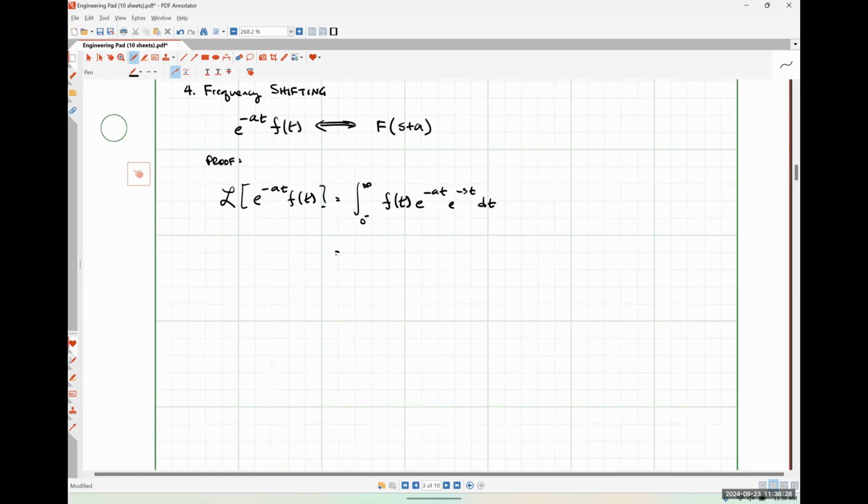I can just lump those two exponentials together. So that would give me the integral from 0 minus to infinity of f of t e to the negative s plus a times t dt, which is just F of s plus a. So literally all we're doing is replacing our original s with s plus a.